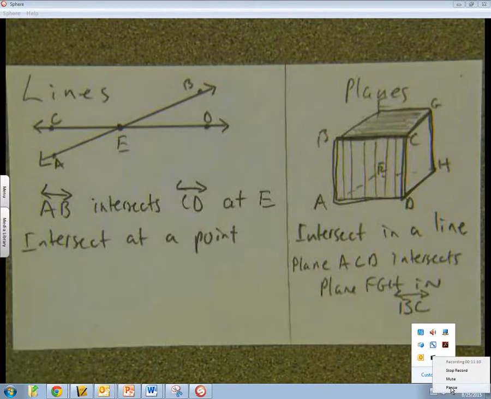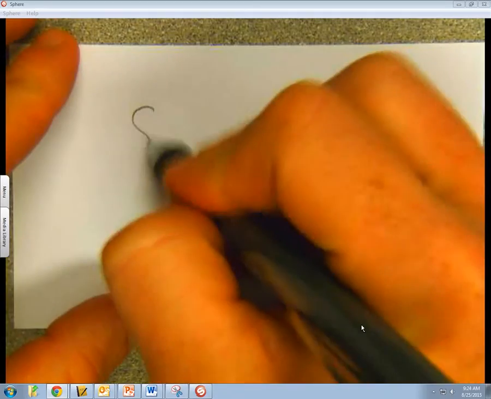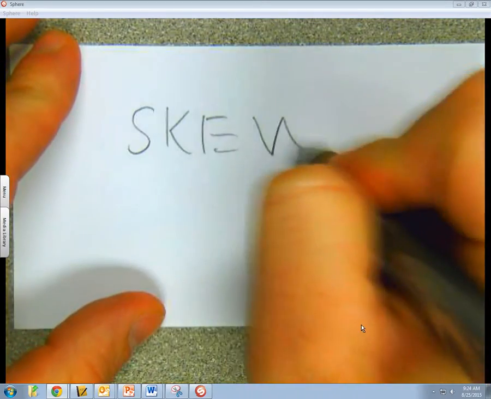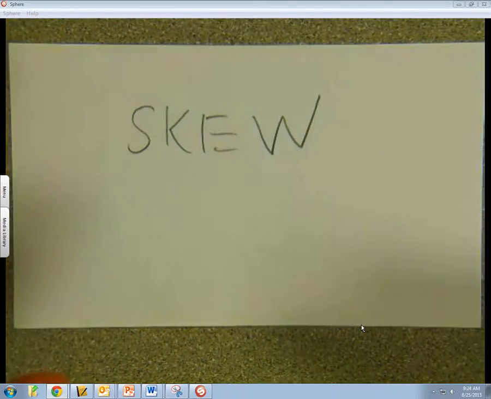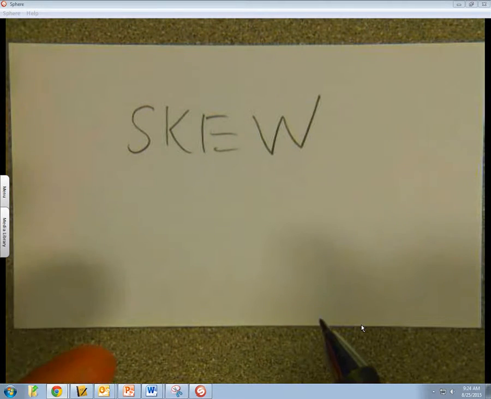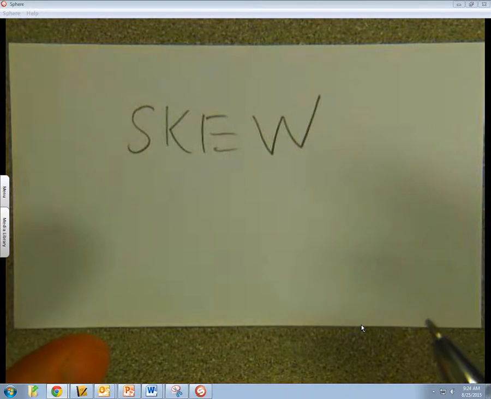Okay, the last term in this section is skew, and skew is something that I struggle with. In all honesty, I usually have to Google it just to get a refresher and make sure I'm on the right page.